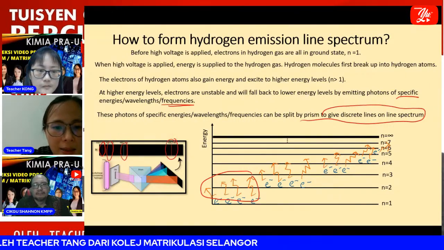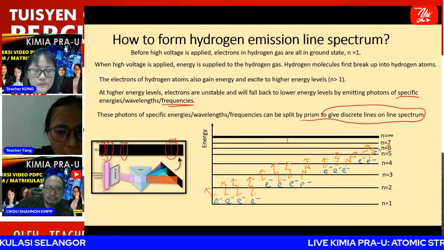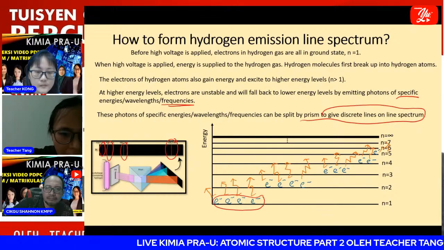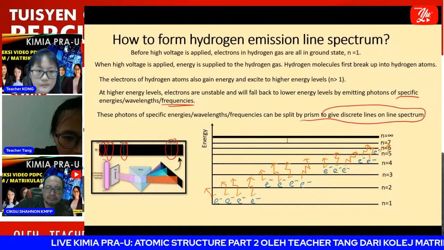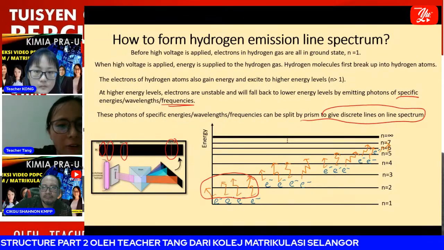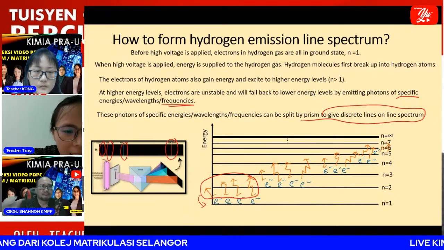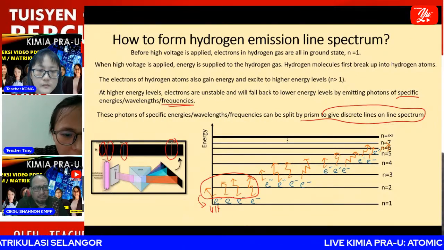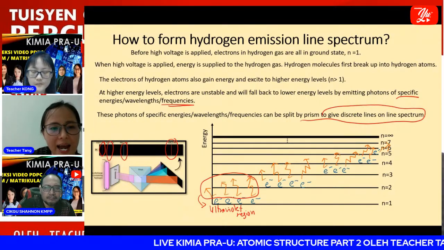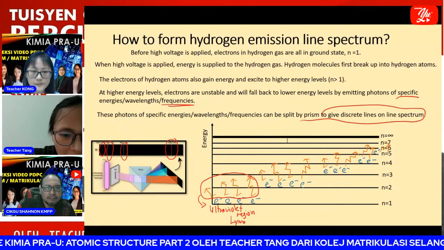Basically, when an electron from a higher energy level falls back to n equals 1 and emits a photon, this photon will have a frequency in the ultraviolet region, and that will give the Lyman series.